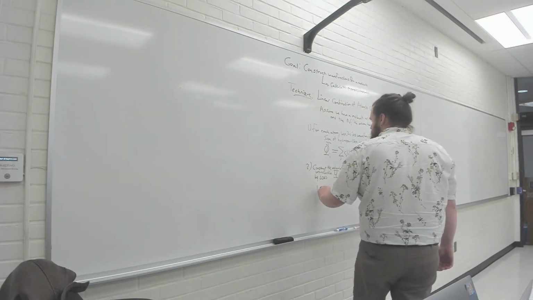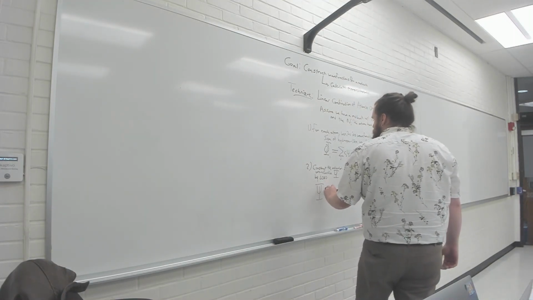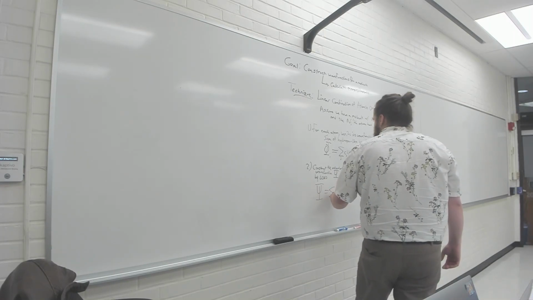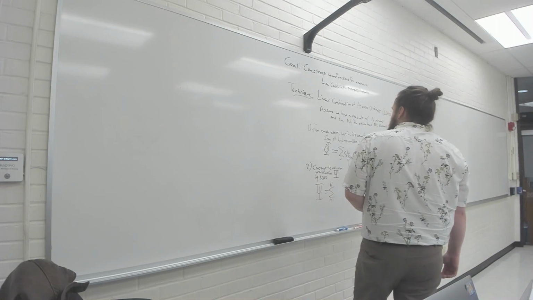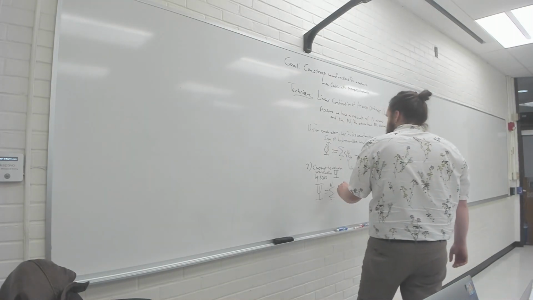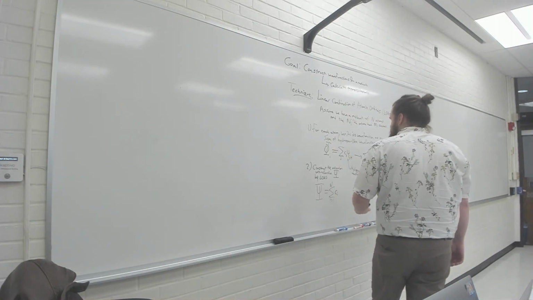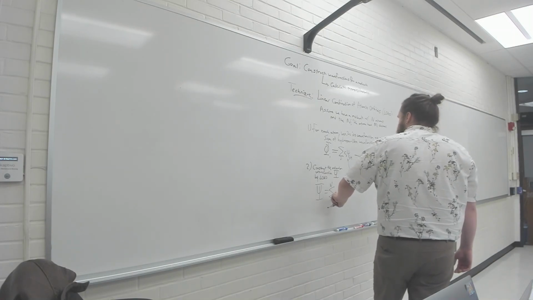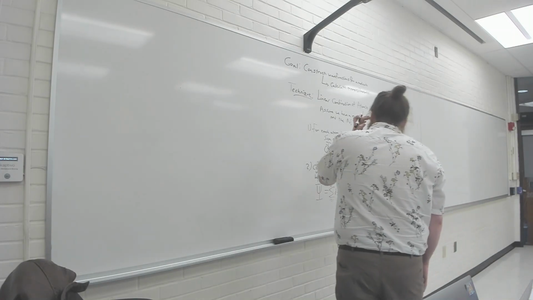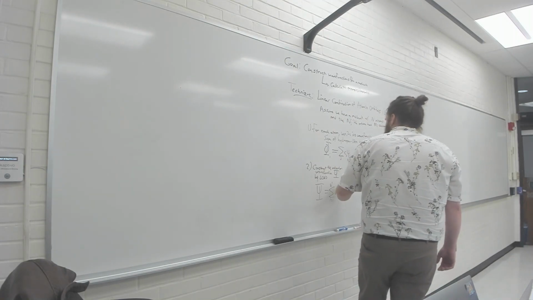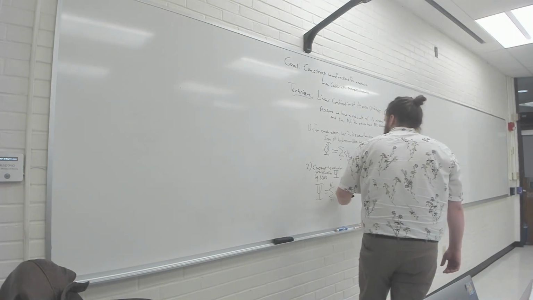So big psi is going to be equal to a sum from I equals 1 to n, where n is the number of atoms, times some new coefficient. Let's just call it d, just to keep it consistent, some number d, times the atomic orbital for that atom.